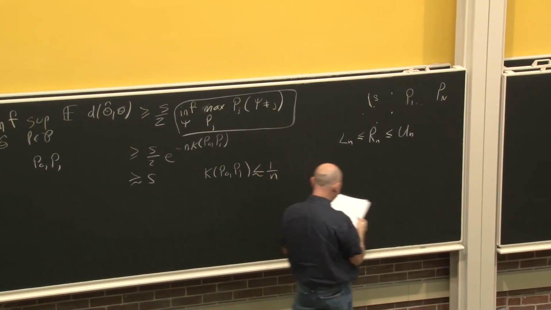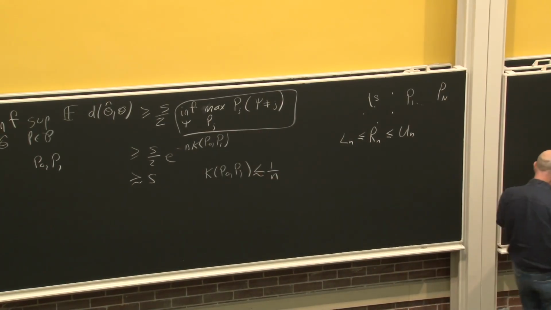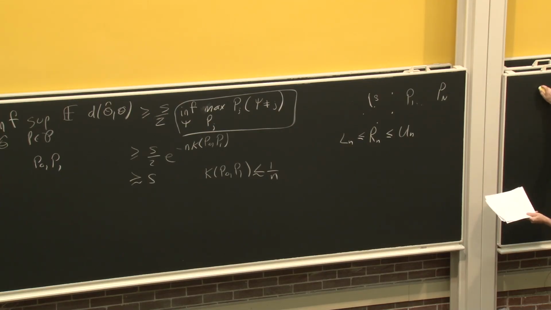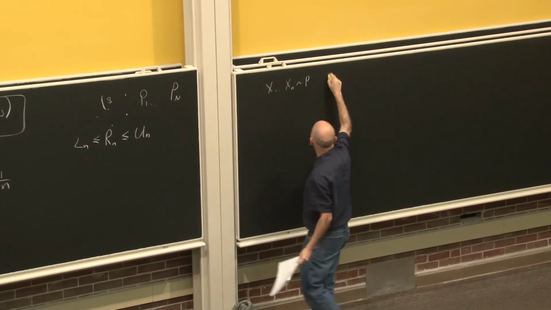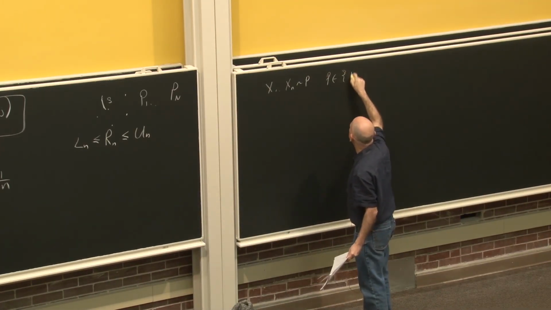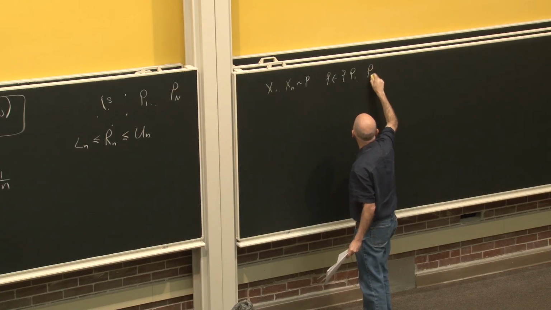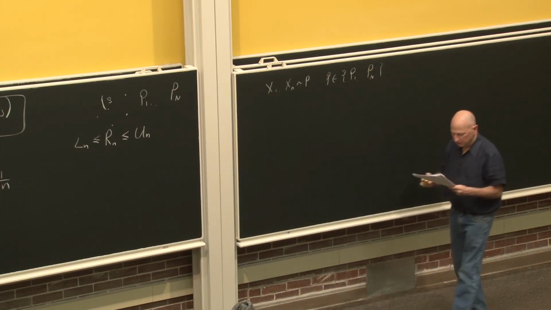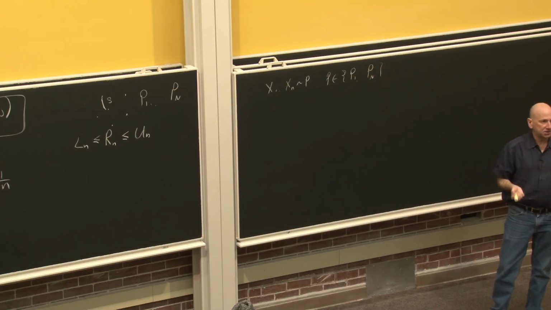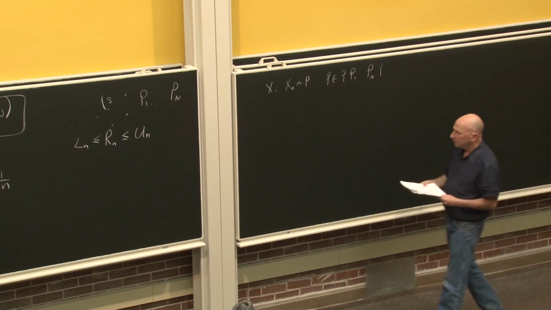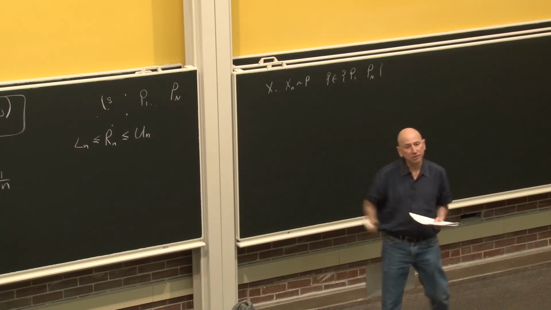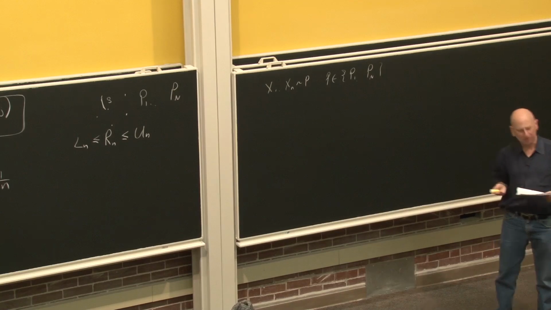let's just look at this error probability. Let's abstract the problem. I have X1 to Xn from P, where P is some finite set of distributions. And again, the problem is simply to do a selection, to guess which one produced it. That's what we're trying to bound. We did that using that kind of Neyman-Pearson argument here.